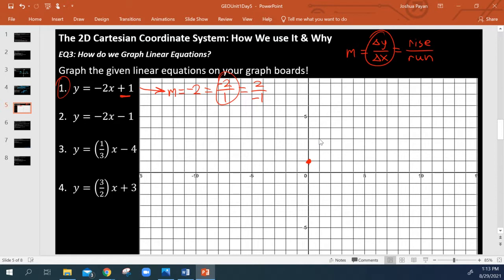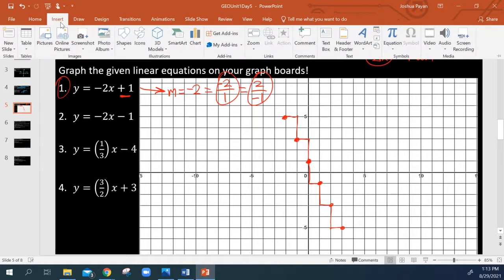My change is down 2, right 1. So that's minus 2 plus 1, minus 2 plus 1, minus 2 plus 1. Or if I follow this line of reasoning, plus 2 minus 1, plus 2 minus 1, and you get the idea. And then from there, it's just a matter of putting a line through it. So let me find one.